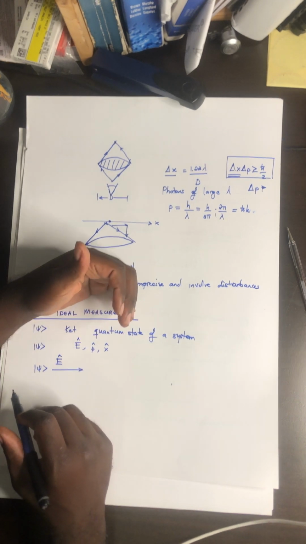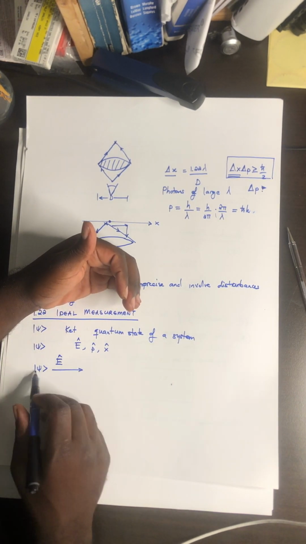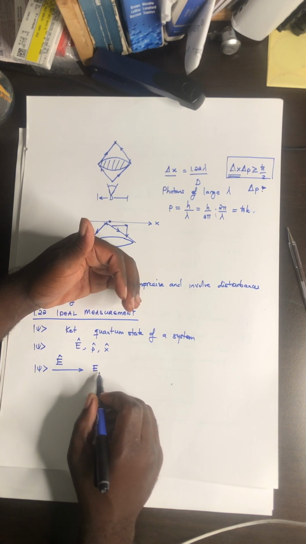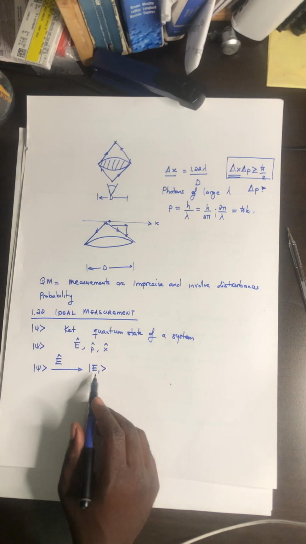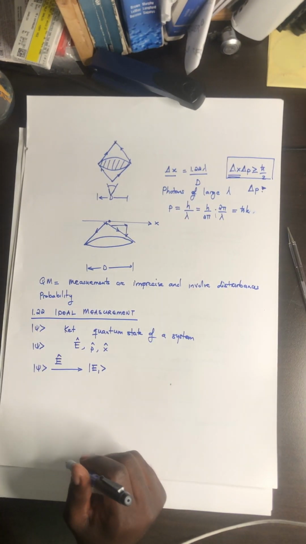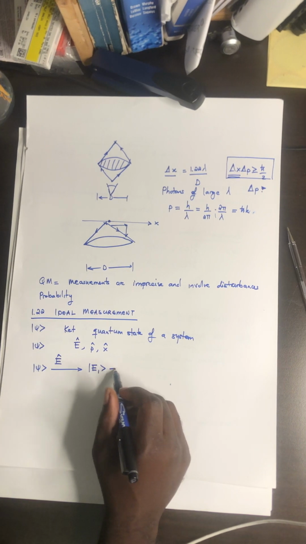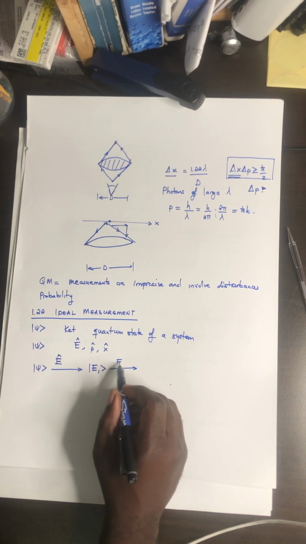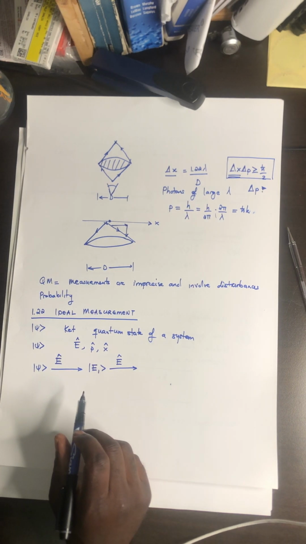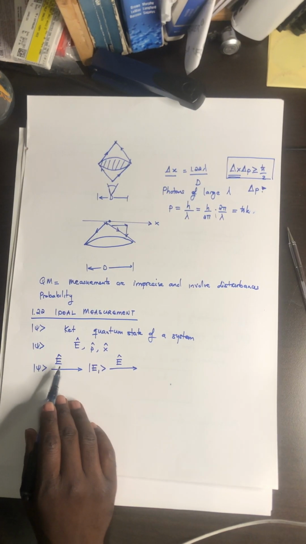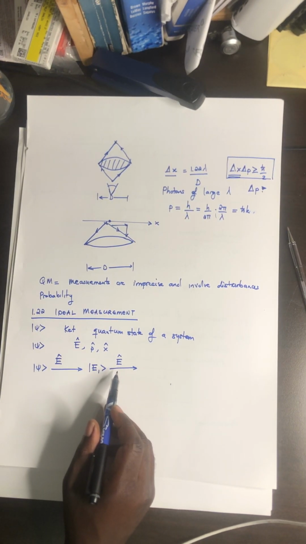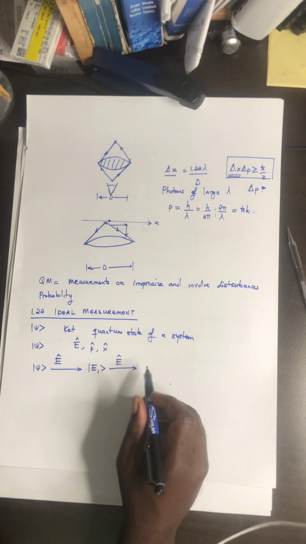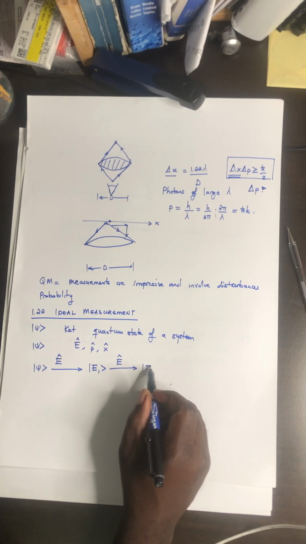Then we find that this system is in an energy state E1, represented by this ket, or this wave function. If we make a second measurement of this state, we will be certain to find it in the state of energy E1.